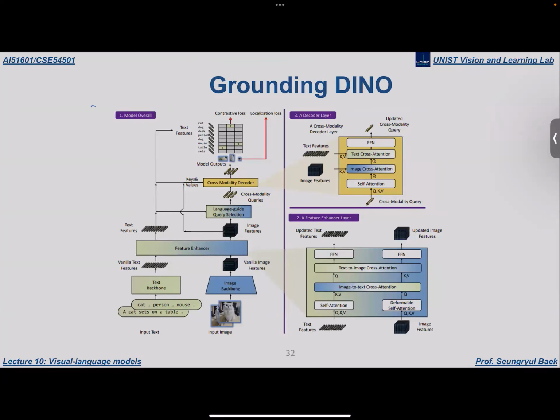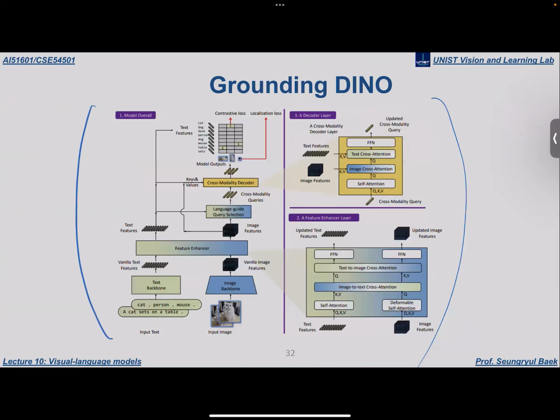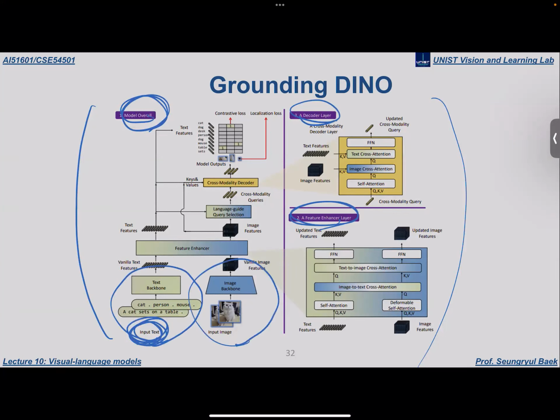And this is actually their pipeline. This is the overall model, and this is some sub model. Here again there are a text stream and an image stream.